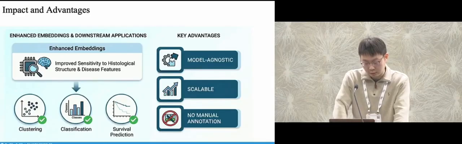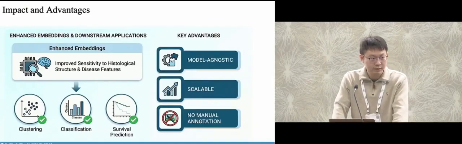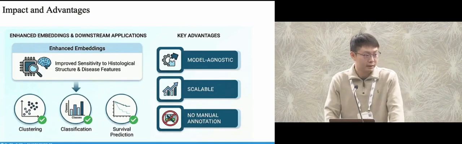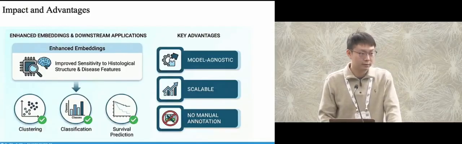Critically, our method offers three major advantages. It is model agnostic, it is scalable, and it requires no manual annotations. Since we do not have the entire data, we currently train our model on 3 million tiles, and our results outperform most of the current baseline methods. That's all for my presentation. Thank you.